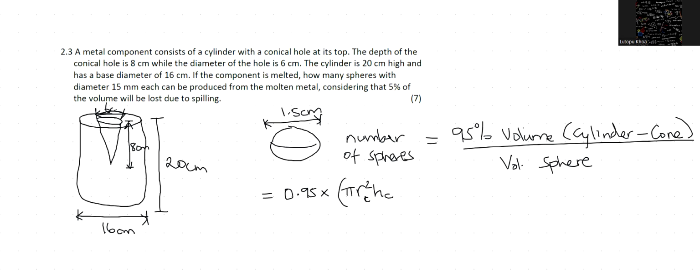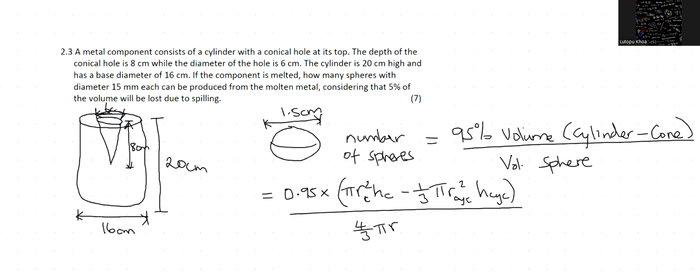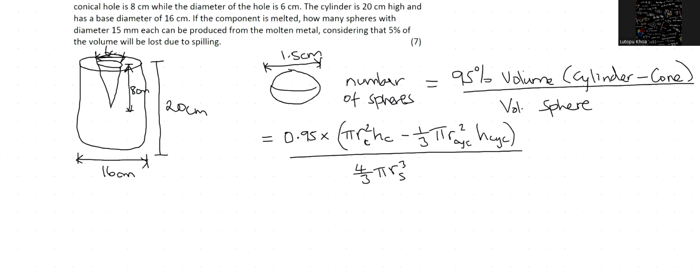Minus 1/3 pi r of the cone squared times the height of the cone. Then this is divided by the volume of the sphere, which is 4/3 pi times the radius of the sphere cubed. So this is the formula, and you now just have to substitute and work out.